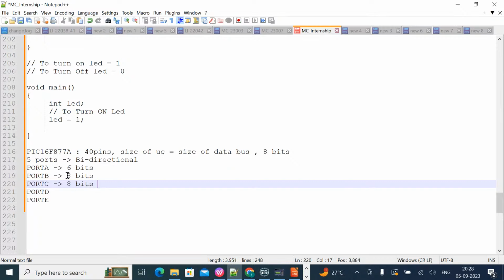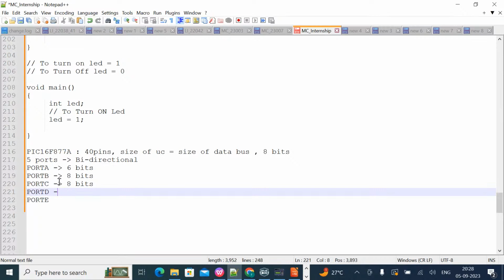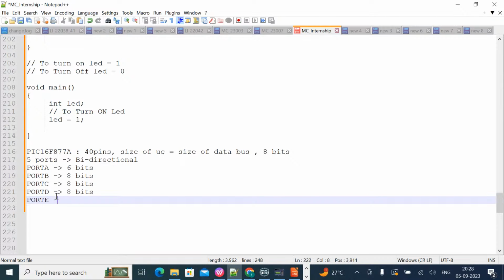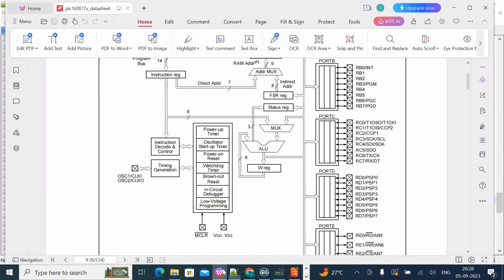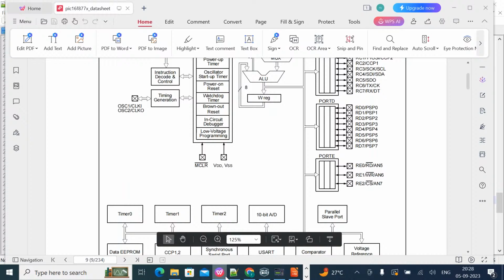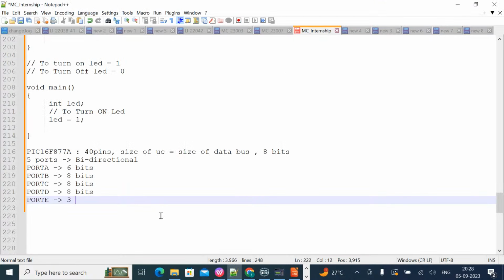And port D also has a size of 8 bits. Great. What about port E? How many pins are you able to see for port E? Just 3 pins. How much is the size? 3 bits. Any confusion so far? It's very important, I'm creating the BSA. So how much is the size? 3 bits. Great.